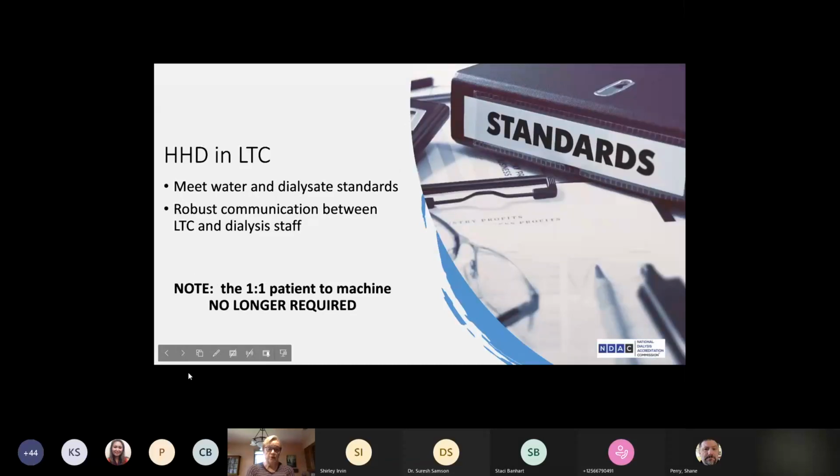I've mentioned already how important water is, and obviously in the long-term care setting, you have to meet the water and dialysate standards that are in those conditions for coverage for ESRD. And each of us has mentioned how important communication is between the long-term care staff and the dialysis staff.